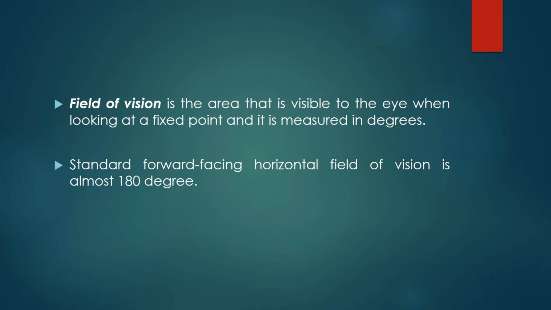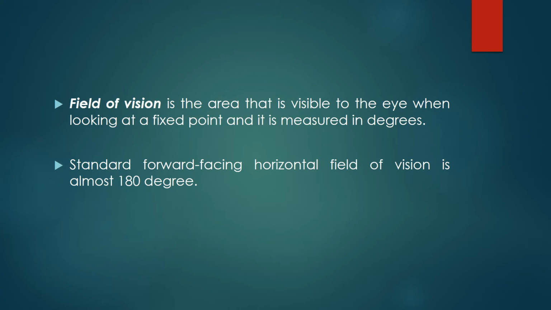Suppose a person stands and fixes their head in one position, and what area he covers from left to right and right to left. It makes a curve or half circle. The area he covers is his field of vision, and it is measured in degrees. Normally, a standard field of vision for a person is 180 degrees, from left shoulder to right shoulder, and right shoulder to left shoulder.